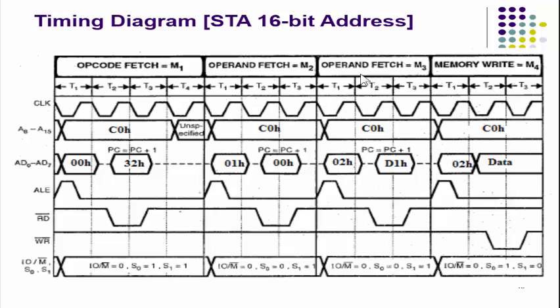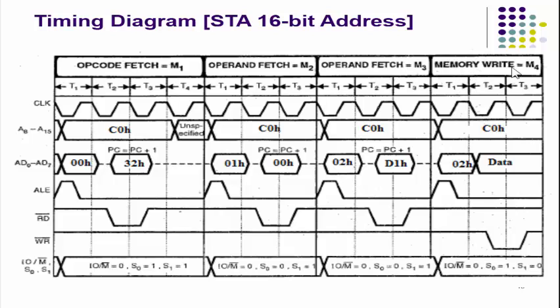So here program counter get incremented by 1. So 01 loaded on AD0 to AD7, and C0 higher order address, that is PC higher, placed on A8 to A15. Then operand content get transferred from the memory device to the data bus, that is 00. In the third machine cycle, operand fetch, the higher order address, that is D1, get fetched from the memory by incrementing the program counter, that is C0 and 02.